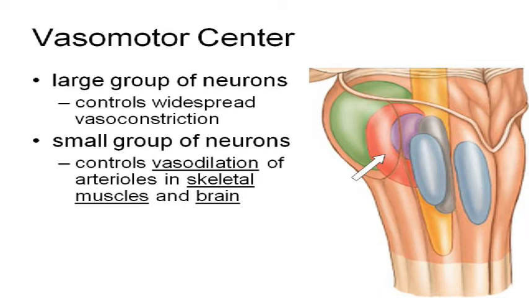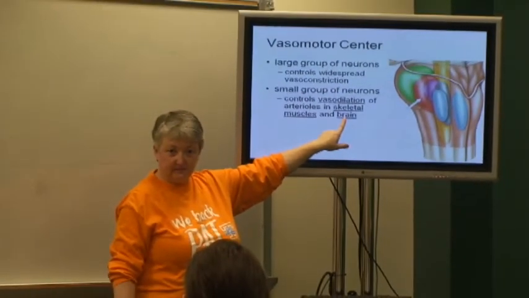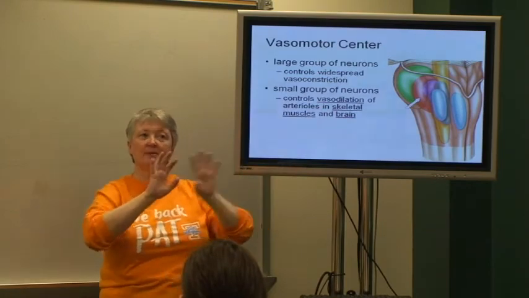Now, if all of those arterioles constrict, that blood's got to go somewhere, right? Because what happens is that blood is shunted away or squeezed away from those areas and sent to the skeletal muscles and the brain. And so you've got two opposite things going on.